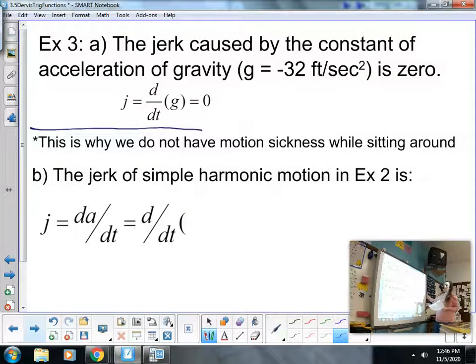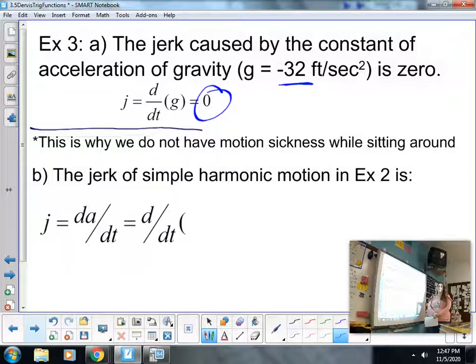So example 3a, the jerk caused by your constant acceleration of gravity, so that negative 32 feet per second squared, is going to be 0, because this is a constant, so when we take the derivative of the constant, we end up with 0. And this is why we don't get motion sick while sitting around on Earth, because there is no change to the acceleration of Earth.